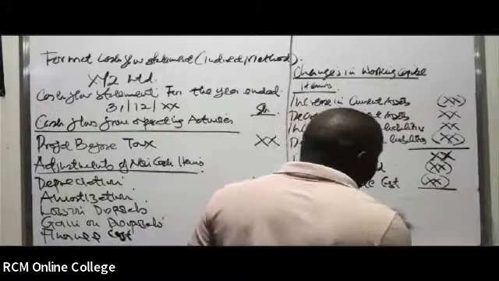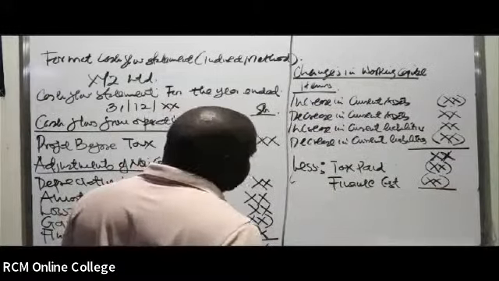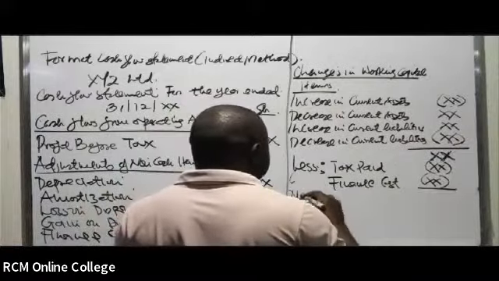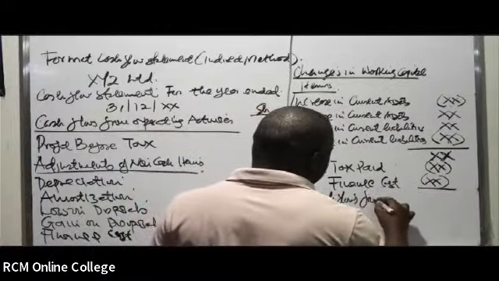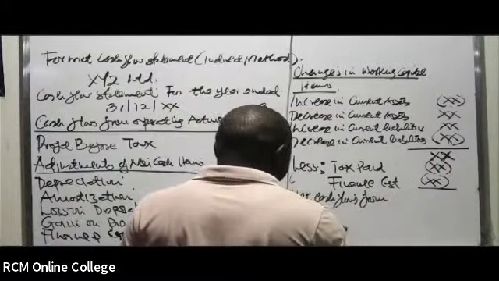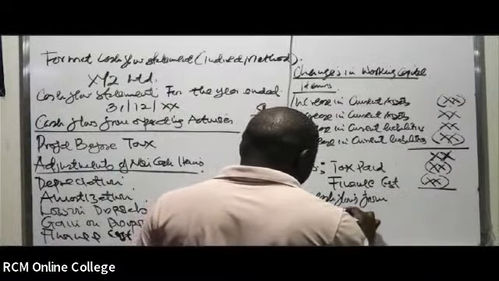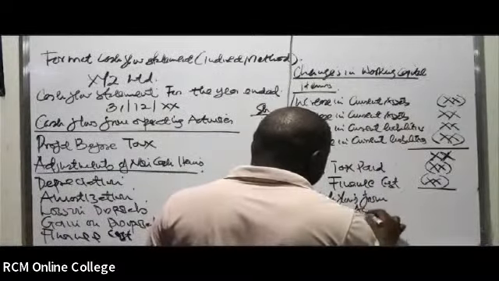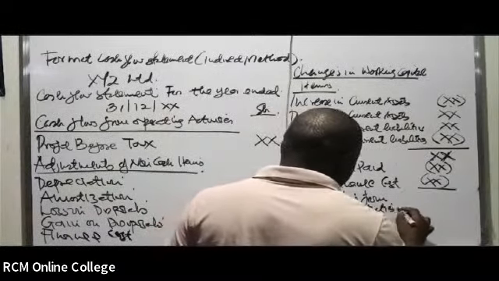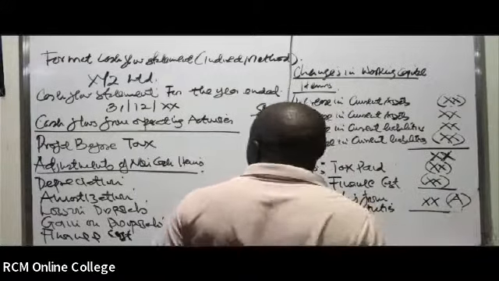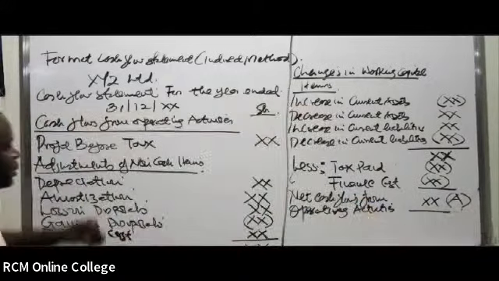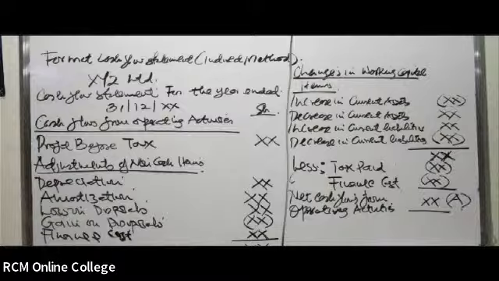So you will be able to get the net cash flows from operating activities. That basically will be your first part of the cash flow statement, the cash flows from operating activities. You will close it there.